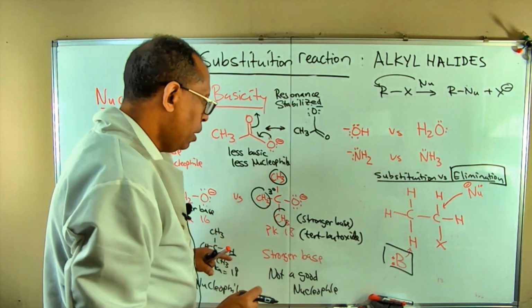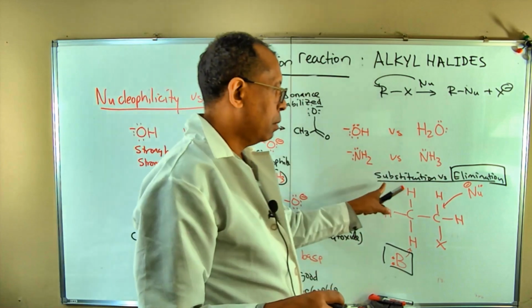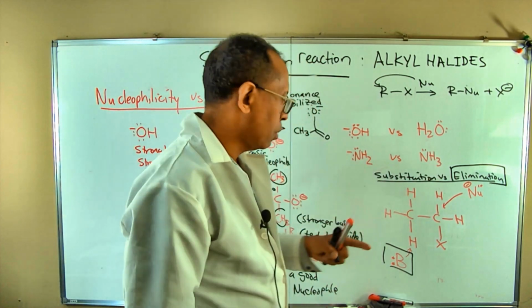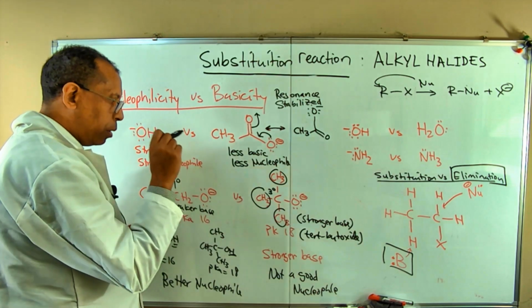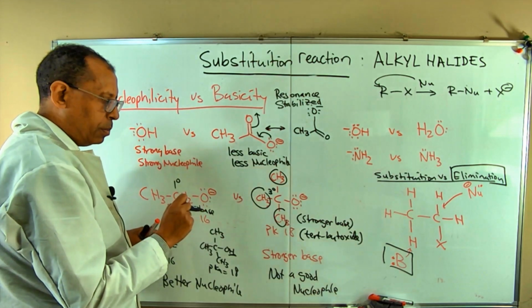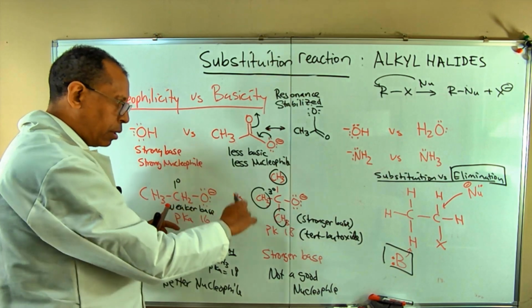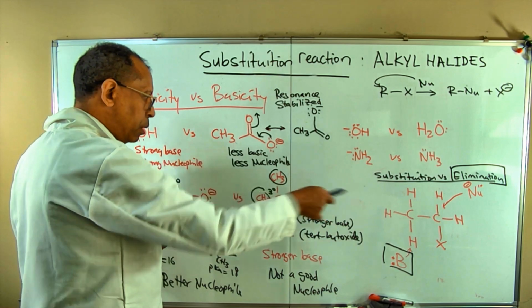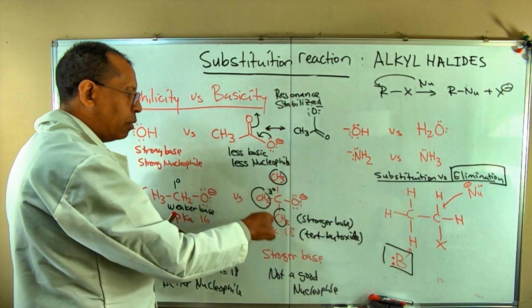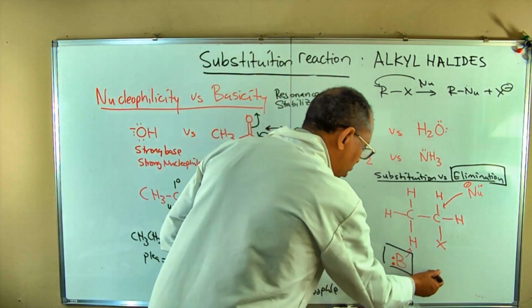This is a point. So your condition is important, whether you would effect substitution or elimination. For good substitution, you should have a good leaving group and a good nucleophile. But in this case, even though your leaving group is good, if you are using such a stronger base, it rather does elimination.